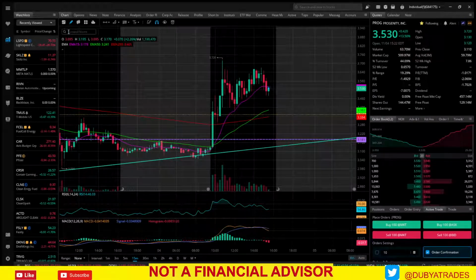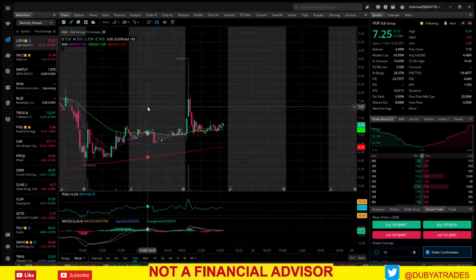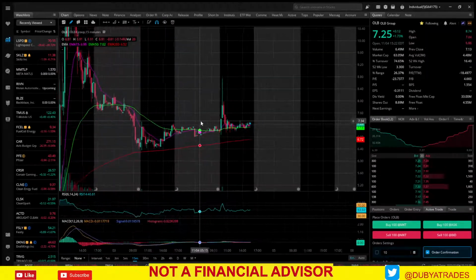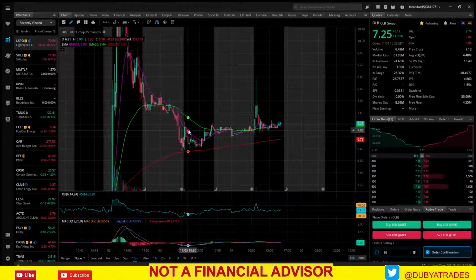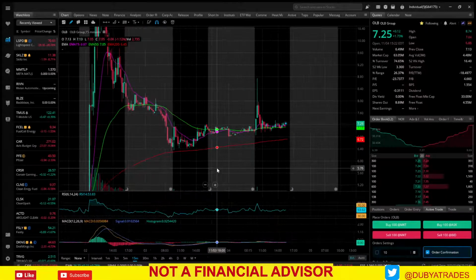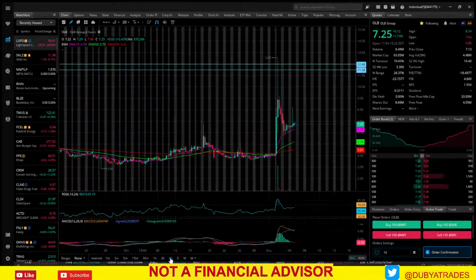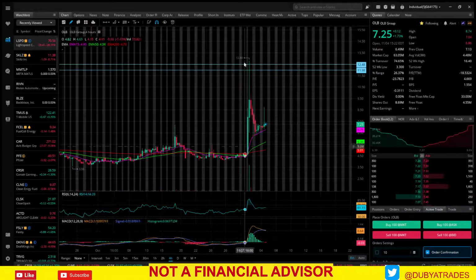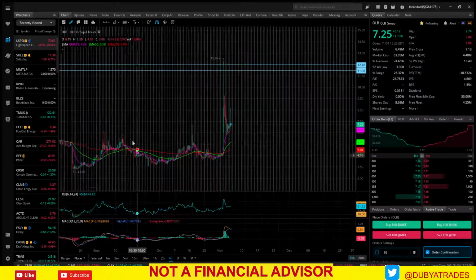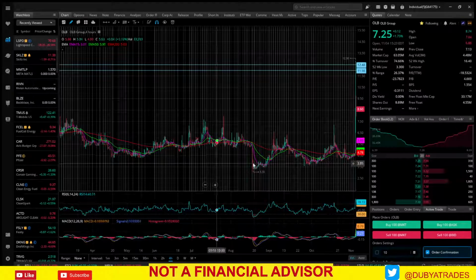The other one was OLB. I don't know, it's acting a little weird here, but the fact that it's holding support, and the fact that it popped up, we could see, like on stocks, if you go back and look at stocks like BB, even support, back when it was support, you see them have these rally plays, and that's what I think we're seeing here, is we're starting to see the bigger rally plays.